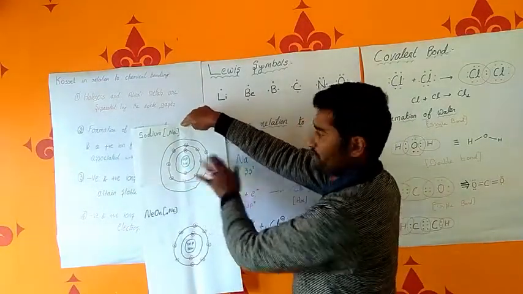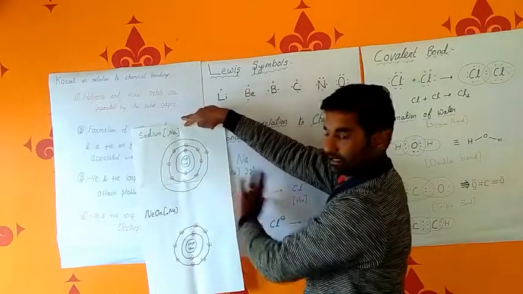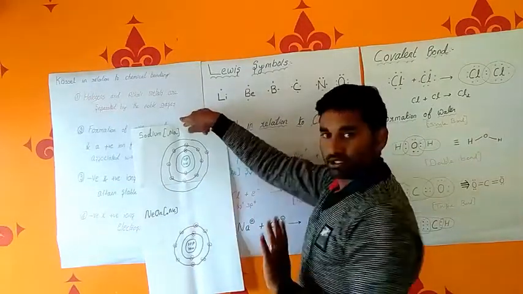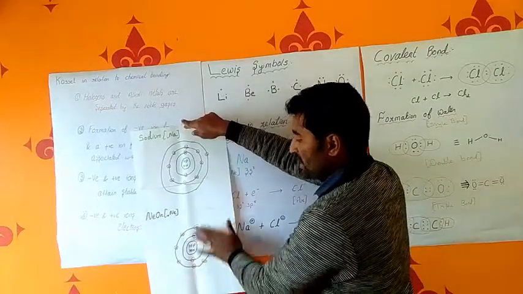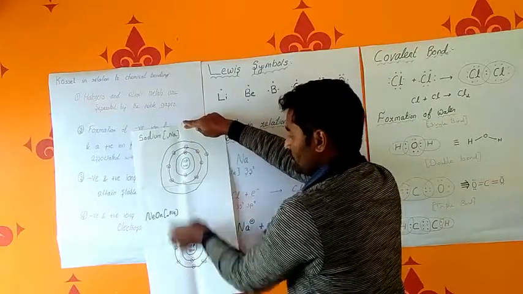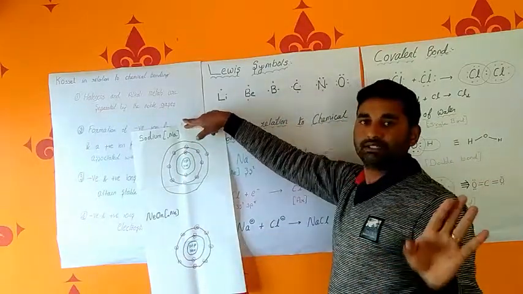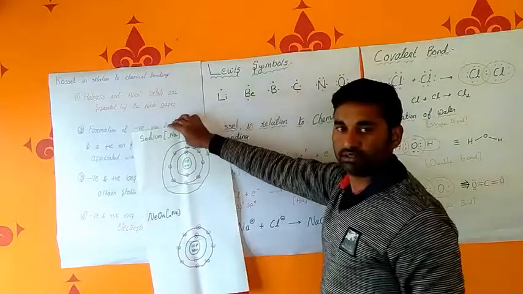So the atomic structure of sodium will be looking like this only. It has only 1 electron in the outermost shell. As well as neon has 10 electrons. So first 2, look at these first 2 orbitals of both sodium and neon. They both look similar, no?